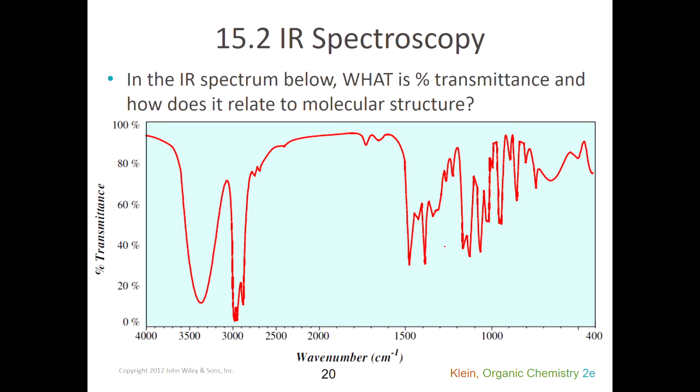So the way the units look here is we have percent transmittance on the y-axis. So 100% transmittance means all light made it through. 0% transmittance means light was absorbed. So here we're looking at peaks that come down from the top.